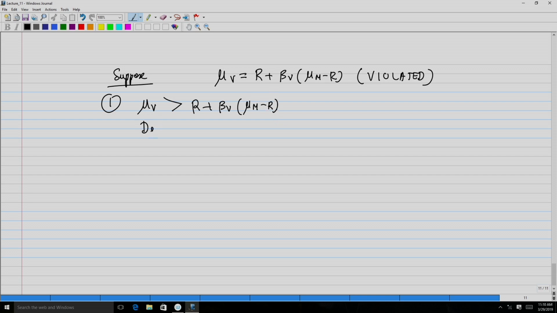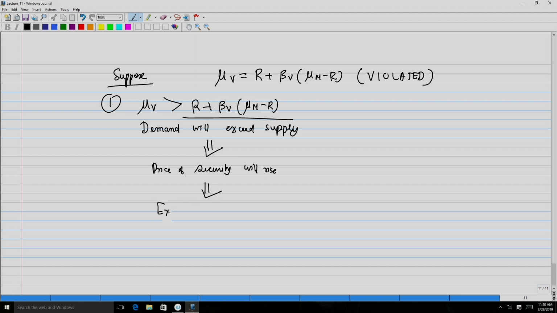In this case, the demand will exceed supply, because mu v is greater than the performance given by the CAPM. The consequence is that the price of the security will rise, and when the price rises, obviously the expected return will decline.